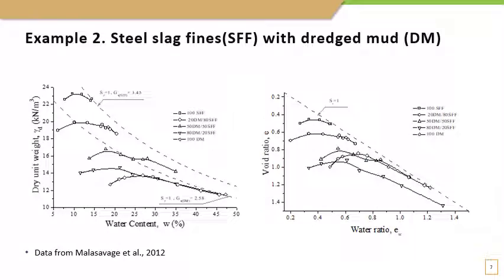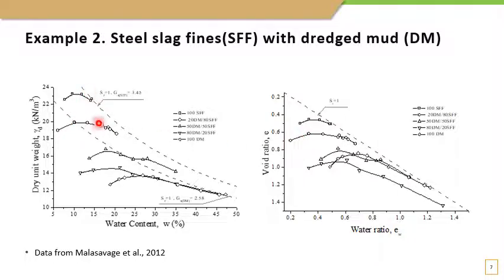Another example, also published by Malasave et al. in 2012, uses steel slag fines and dredged mud. Similar observations here. However, because it's mixing with dredged mud, a fine-grained material, there are fewer differences, especially for the 100% steel furnace slag and the lower percentages of dredged mud.